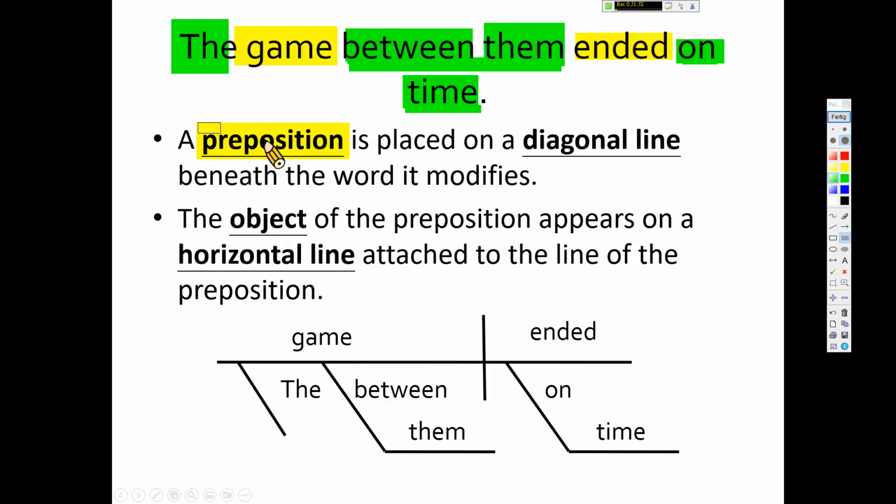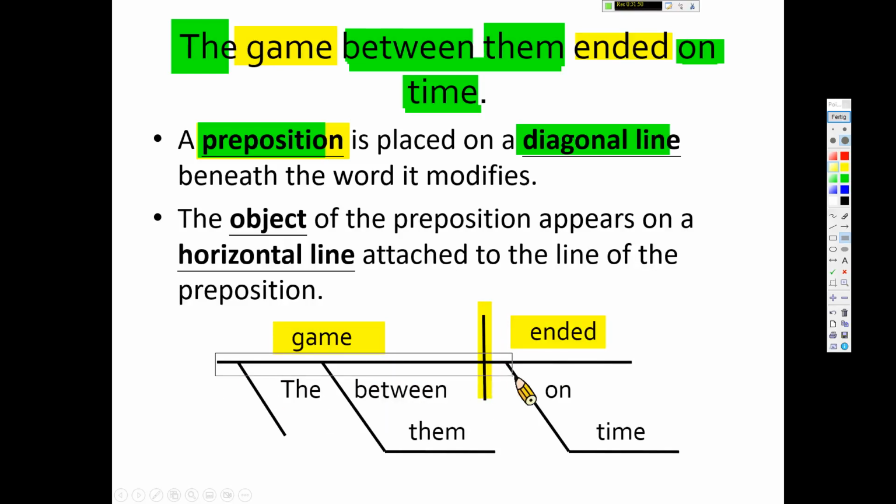When we have a preposition, again we will place it on a diagonal line beneath the word it modifies. For example, this is game, and then ended. We have a vertical line to divide this one from this one. We already know we use the with a diagonal line to modify game.